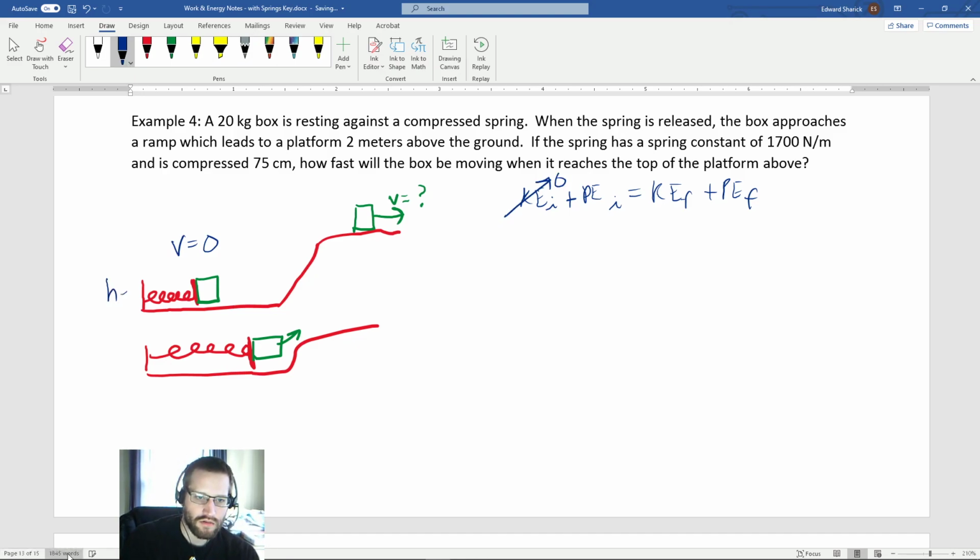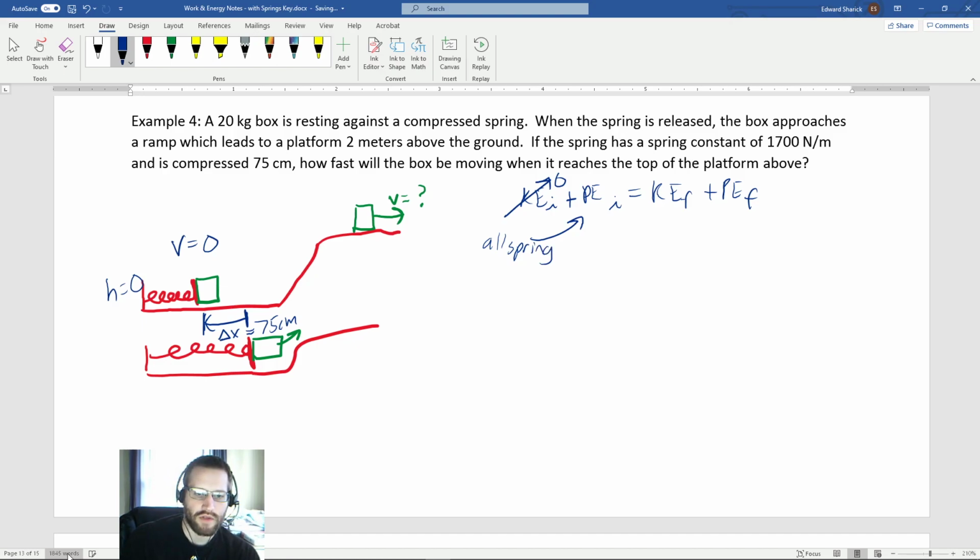I also have a height of 0, so I don't have a gravitational potential energy, but I do have a compressed amount of spring. It says the spring is compressed 75 centimeters. So I have an initial spring potential. So this is all spring.